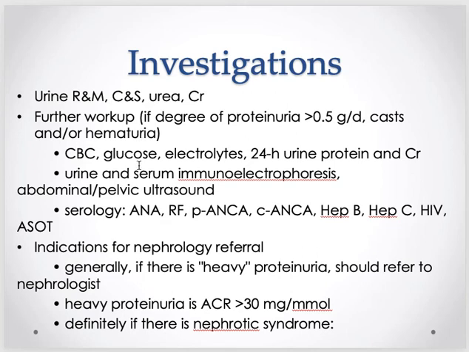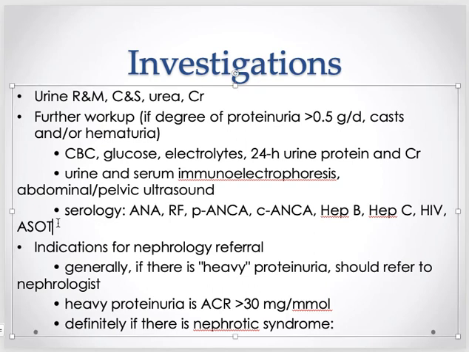Then we go for CBC, glucose, electrolytes, 24-hour urine protein, creatinine, urine and serum immunoelectrophoresis. I'm sure now you can understand what this thing is. Again, in multiple myeloma, I talked about SPEP and UPEP. We can do abdominal pelvic ultrasound as well.